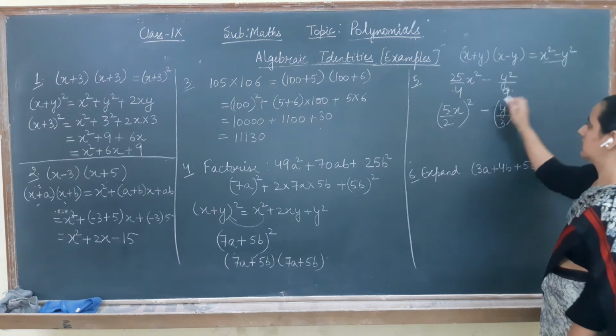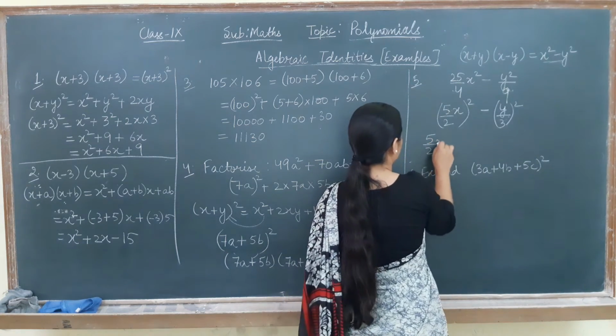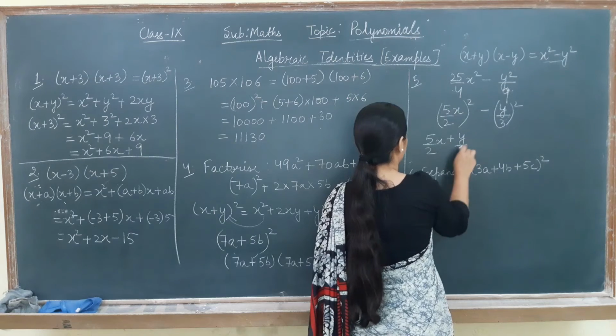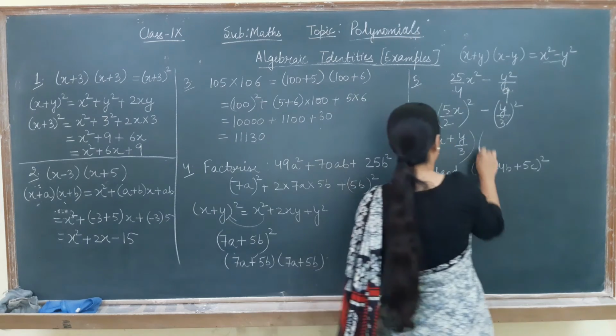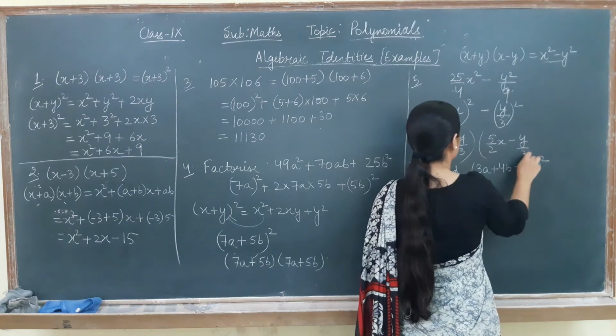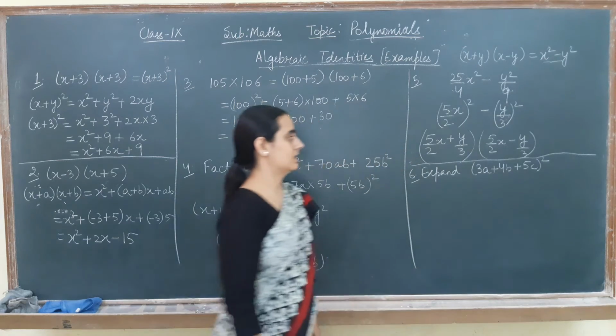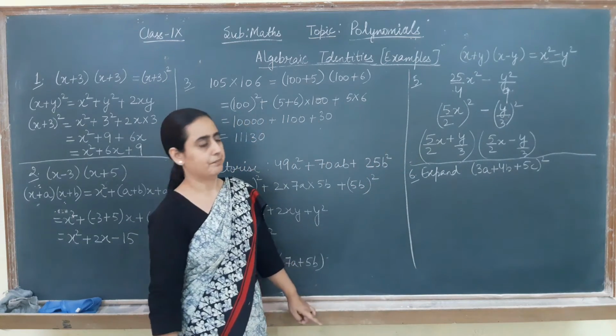So what is my x? 5 by 2x. So I can write it as 5 by 2x plus y by 3. Similarly, 5 by 2x minus y by 3. Fine. So this is again factorization.